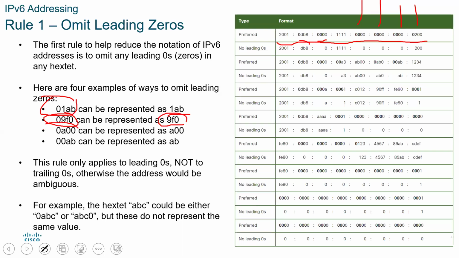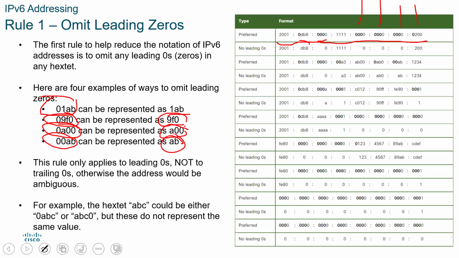If I have 0A00, I'll represent it as A00. This one is 00AB, I'll represent it as AB. So the rule is only for the leading zero, the zero that is in front. That is that particular rule.